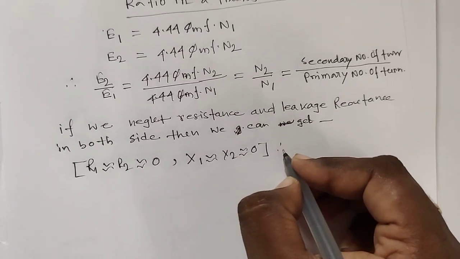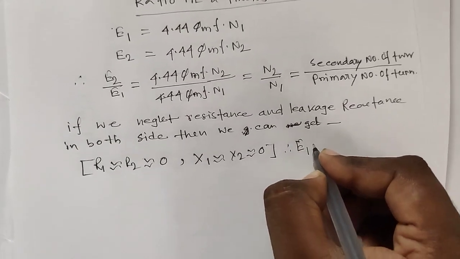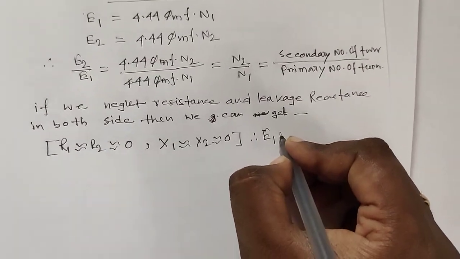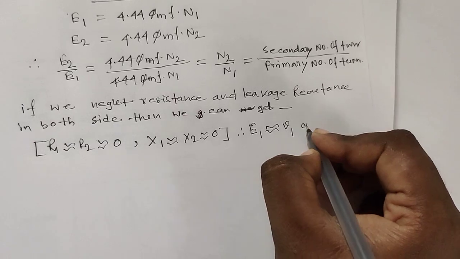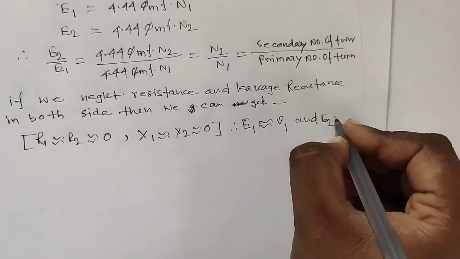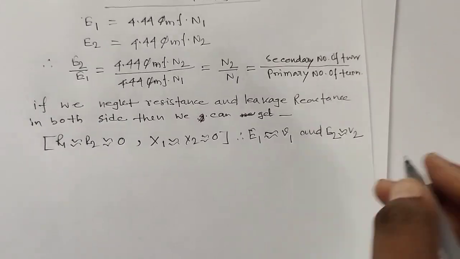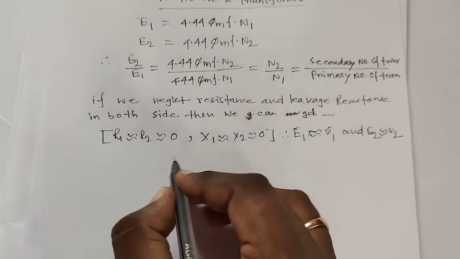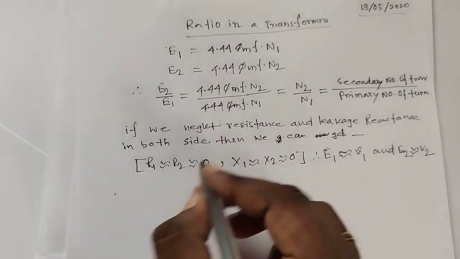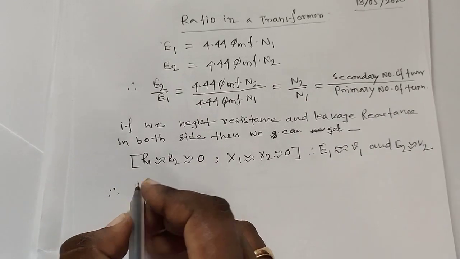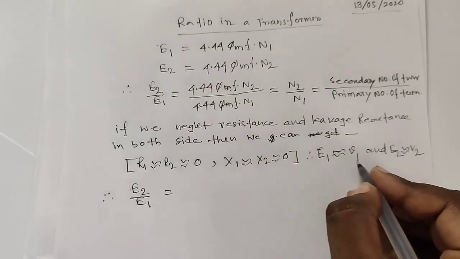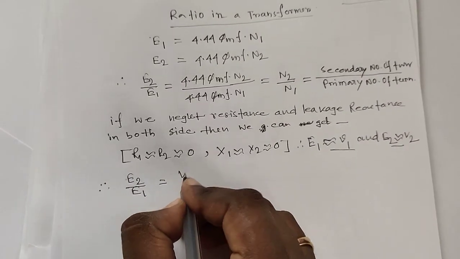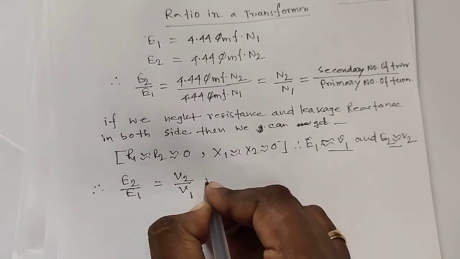From this we can say that E1, the EMF induced on the primary side, is approximately equal to the supply voltage V1, and the secondary side induced EMF E2 is approximately equal to the output voltage V2. So the transformer ratio E2 by E1 is equal to V2 by V1.